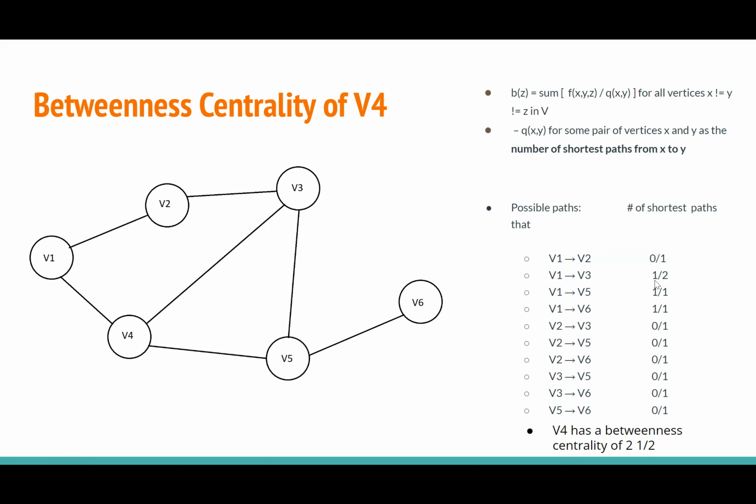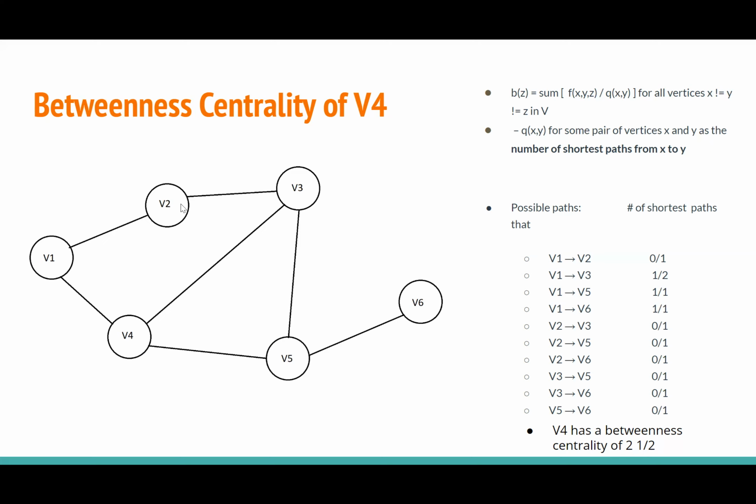So this is 1/2. So from vertex 1 to vertex 5, the shortest one actually has to include vertex 4. So this is 1 over 1. The same thing from vertex 1 to vertex 6. The shortest one has to include vertex 4, so it's 1 over 1.